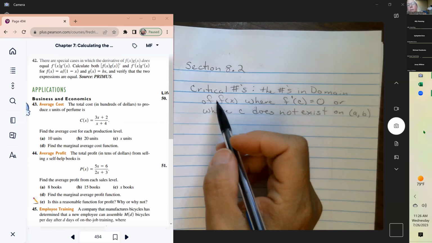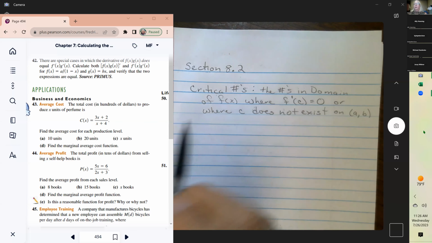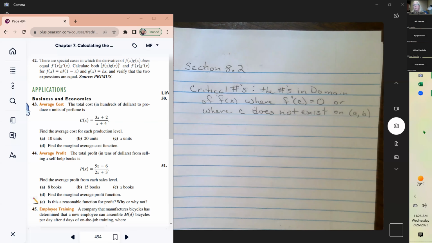The reason the critical numbers are important, remember when I said if we take the derivative and set it equal to 0, that's where the tangent line is horizontal. Well, that's where all our highs and lows are on the graph then.